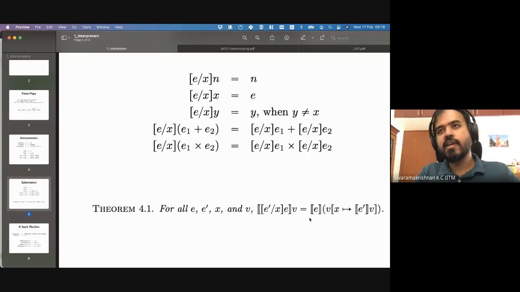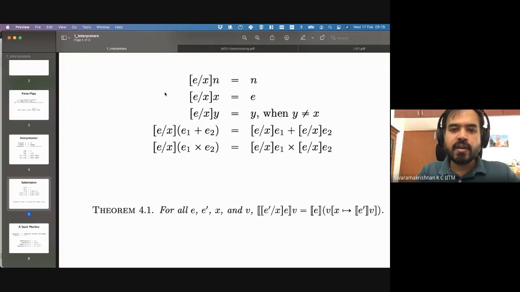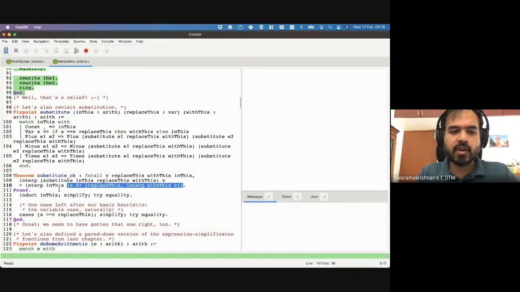So it might be useful to see how definitions and theorems on paper get translated to Coq. That's one of the skills that you want to learn, often in mathematics and in computer science as well.